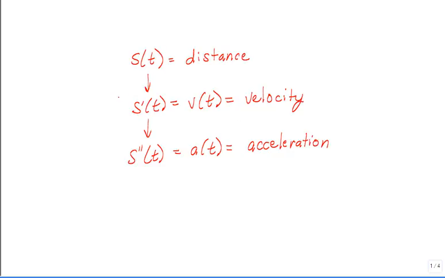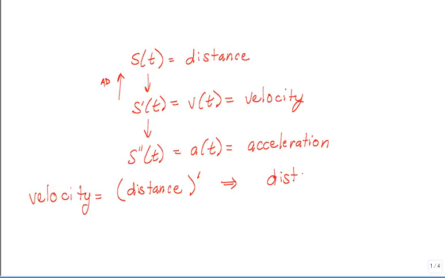So if we go backwards this way, we see that velocity is equal to the derivative of distance, which means that the distance function is the antiderivative of velocity.